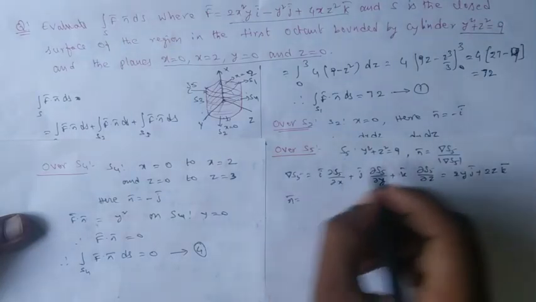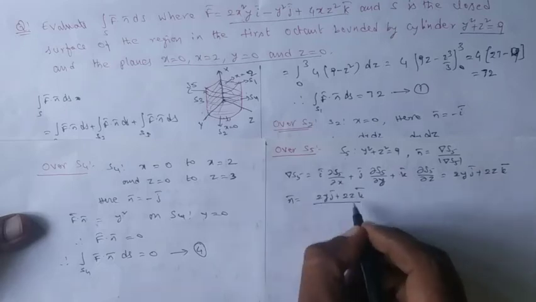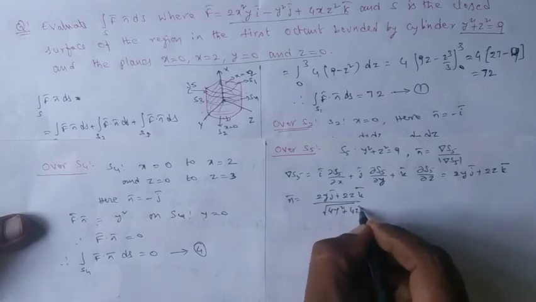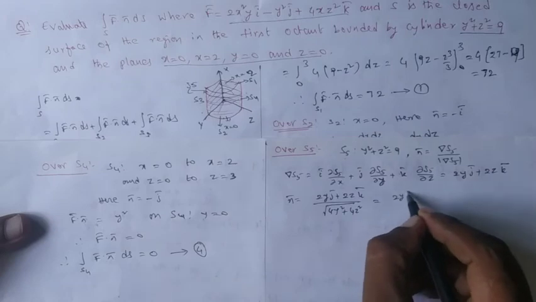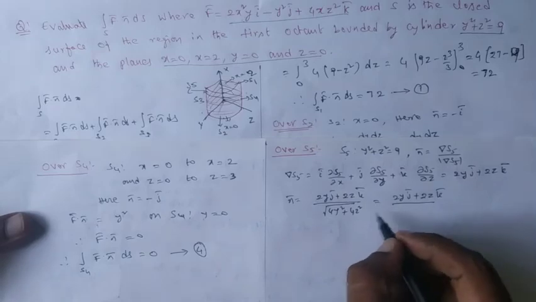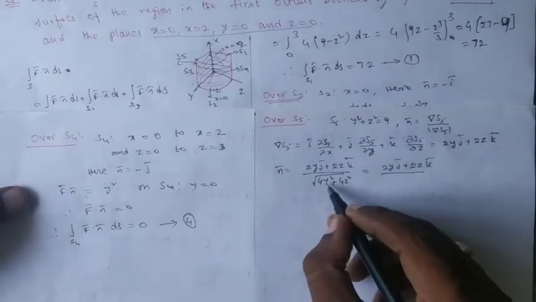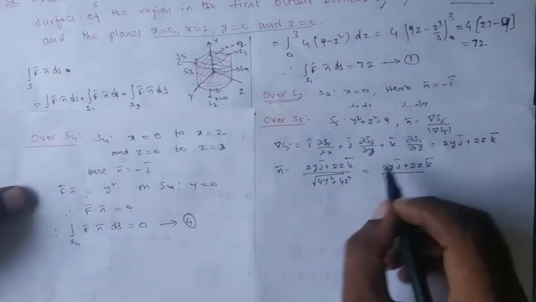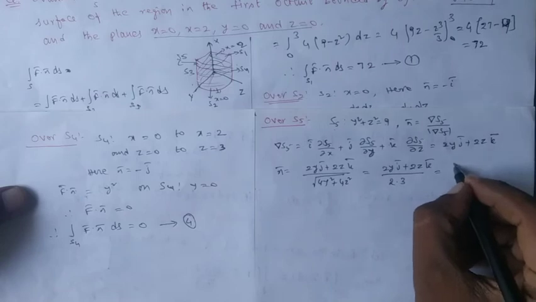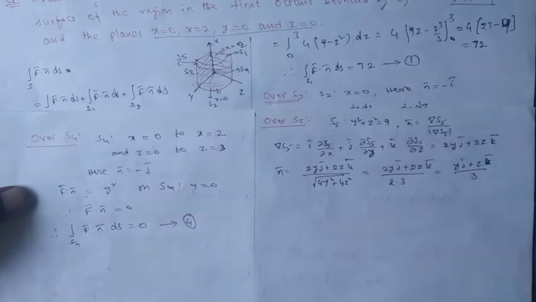Therefore n bar equals 2y j bar plus 2z k bar by square root of 4y square plus 4z square, which is 2y j bar plus 2z k bar by 2 times square root of y square plus z square. Y square plus z square is 9, so it is 3. So I can write n bar is y j bar plus z k bar by 3.